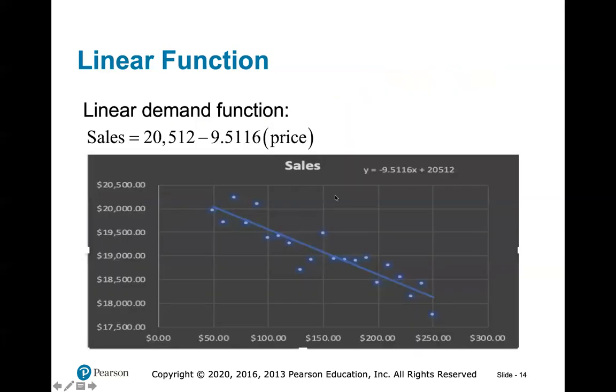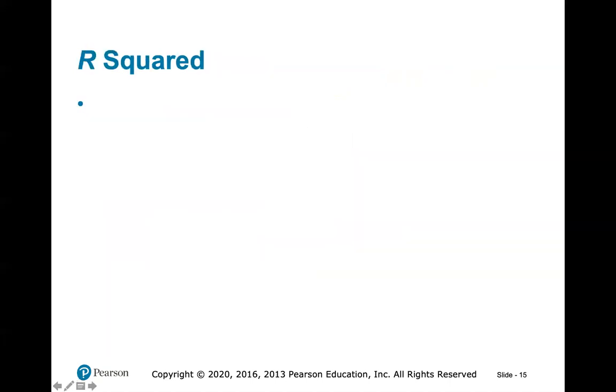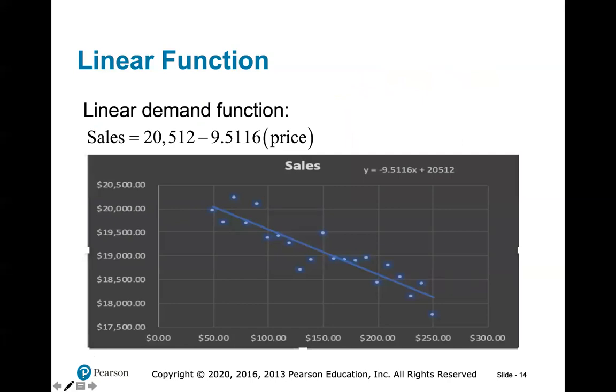Right, now let's go back to our demand function. Basically, let's go to our linear function. We're able to basically predict sales. We had this linear equation for our sales.